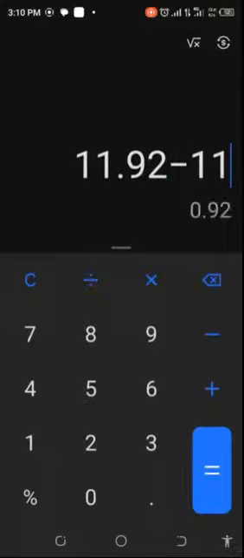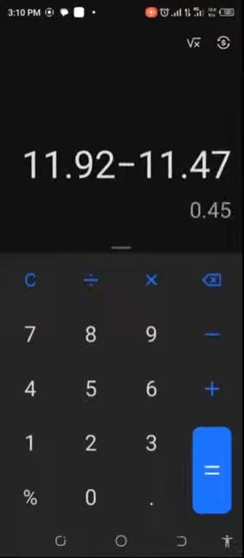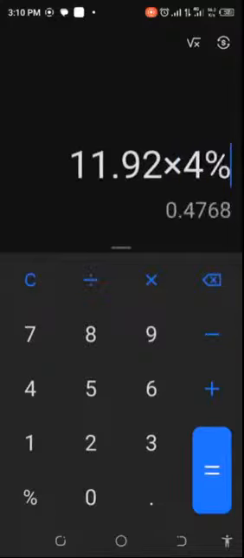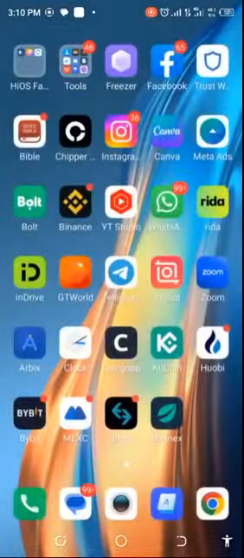So that's 11.92, and we had minus 11.47. Okay, about 45 cents. What would that be? I think that's about 4%. So we're just in that range. So we're kind of good. That's exactly what we have now. Let's go ahead and see what we will get in real life.